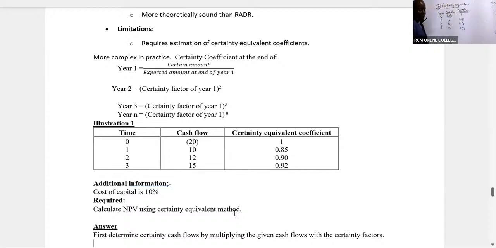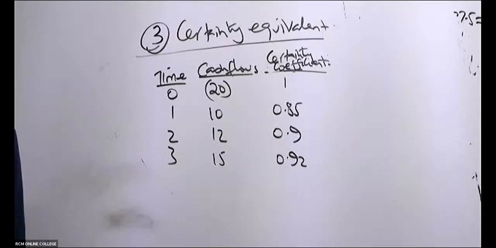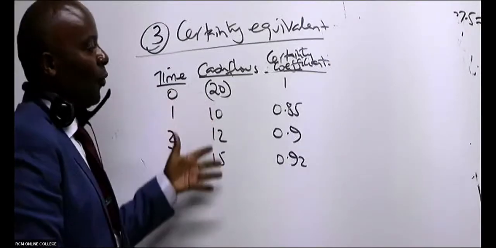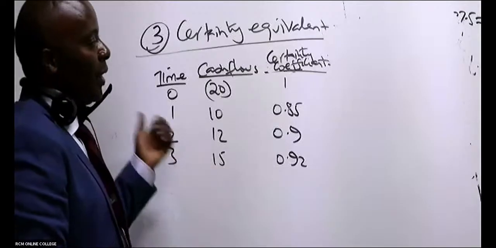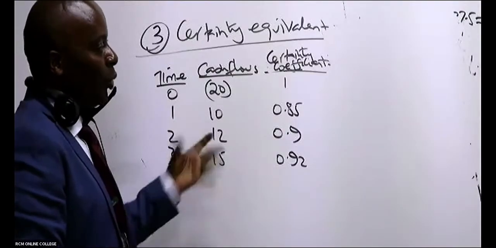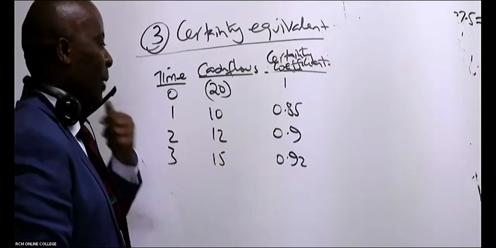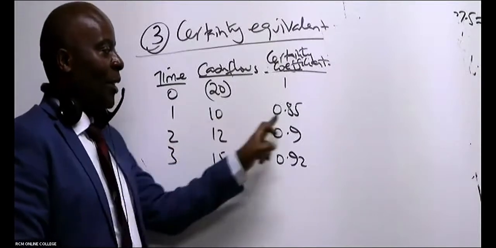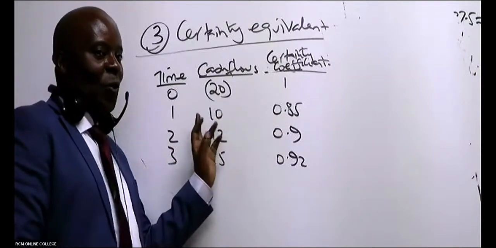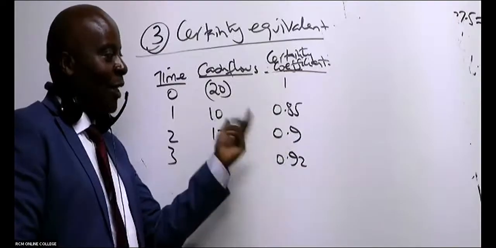After you copy this table the way it is, now you start solving using the concept that we learned up there. So you see, these are cash flows that we are not certain of. But in this case, actuarial scientists have been able to do their probabilities. They know, for example, like this year, you expect 85% of this. We are certain up to 0.85 or 85%.